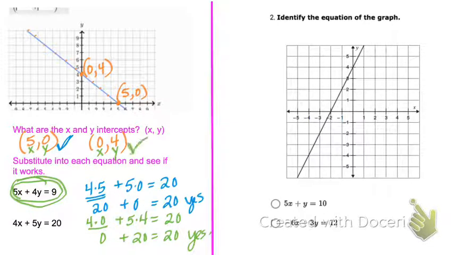Yes. So these 2 points, 5, 0 and 0, 4, are both on the graph, and both make the second equation true. So this is the equation that is being graphed right here.